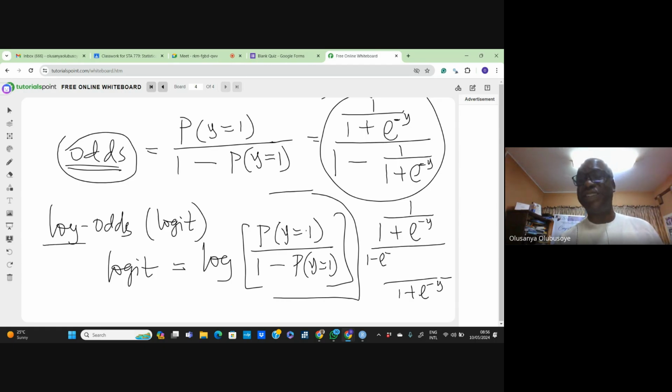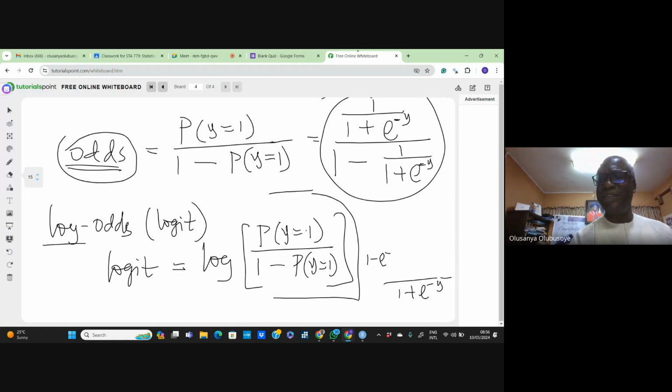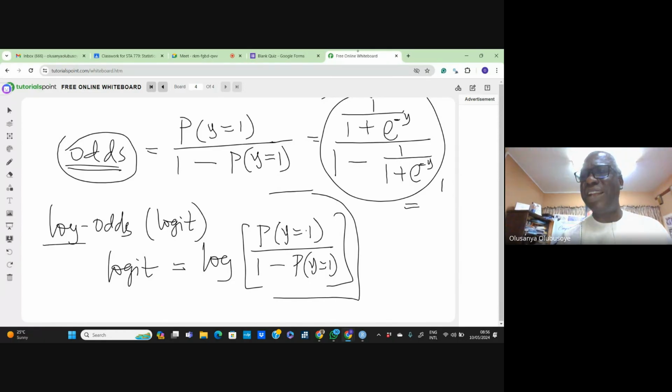You have resolved it. So I'm happy that somebody has done it, and that's where I'm going. You can also do the manipulation. So you can see that everything here will give you what? 1 over exponential. So everything here will be equal to 1 all over exponential minus y.